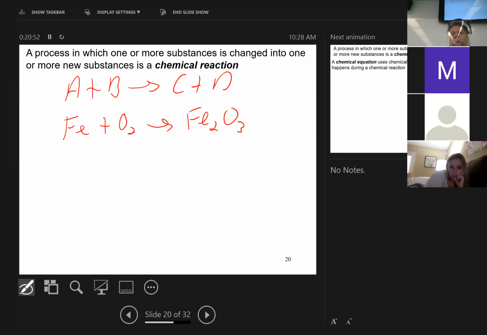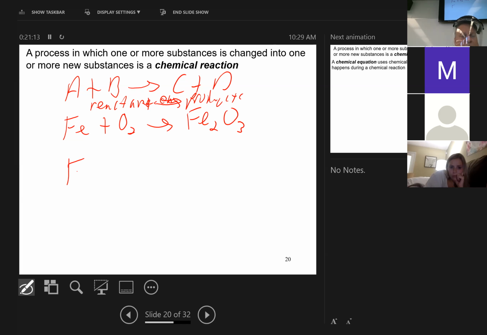And the law of mass conservation essentially says the amount of the reactants equals the amount of the products. All that has happened is that the things have rearranged.